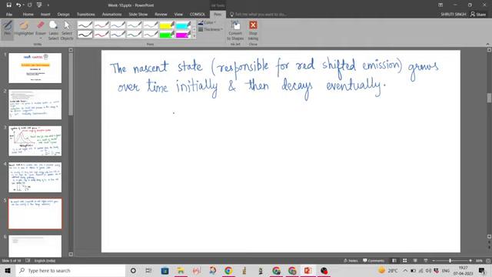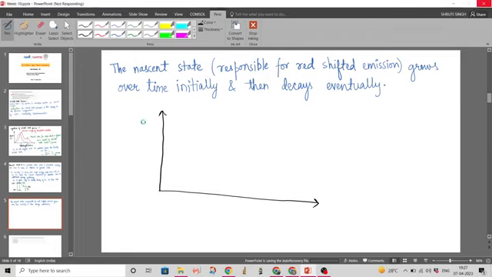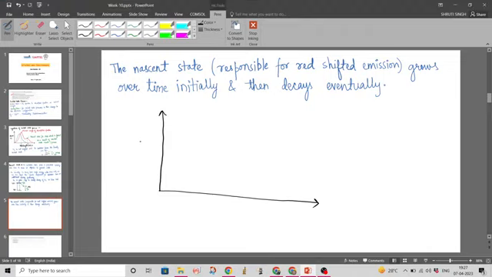So generally our decay at these two wavelengths should look like this. Here we have counts on the y-axis, and here we have time.